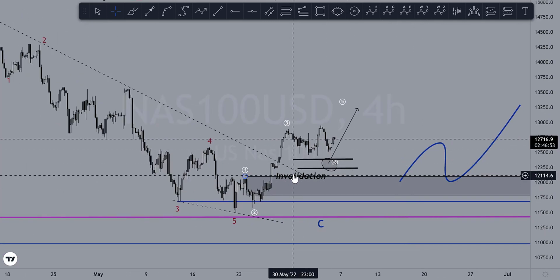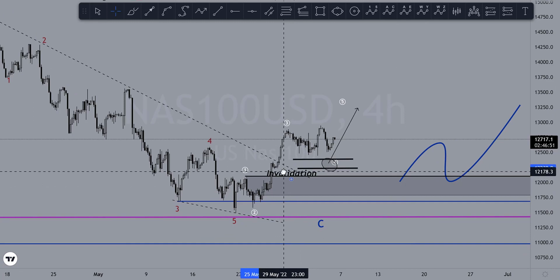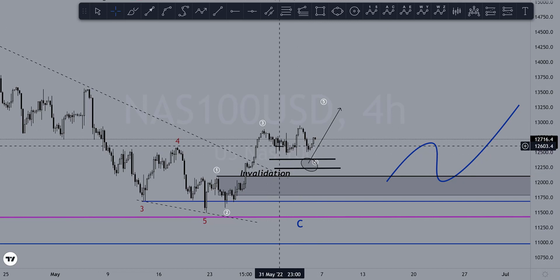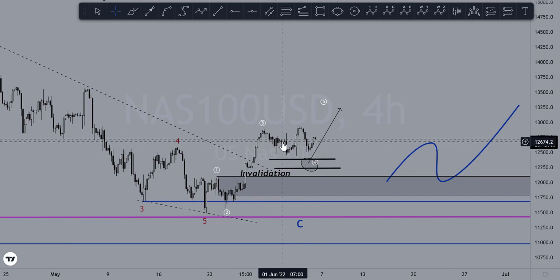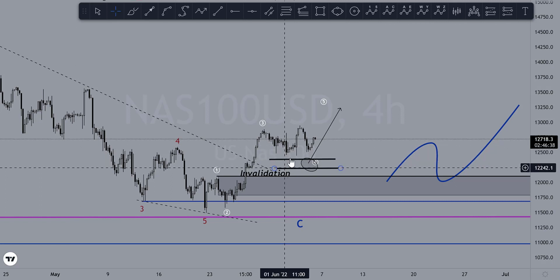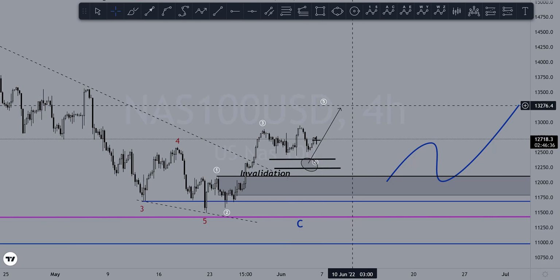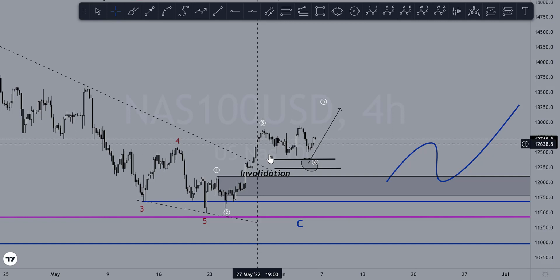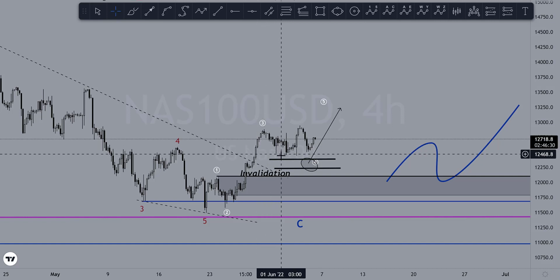Last time, if you still remember from the video we posted, we were somewhere around here, at this point, and we're expecting price to come back to tap either the 38 level or the 50 level before we can get the buy. But unfortunately for this Nasdaq in particular, they didn't come back to our level.